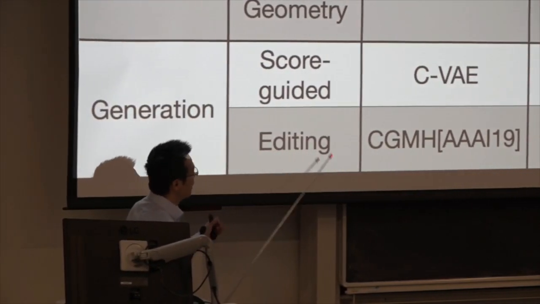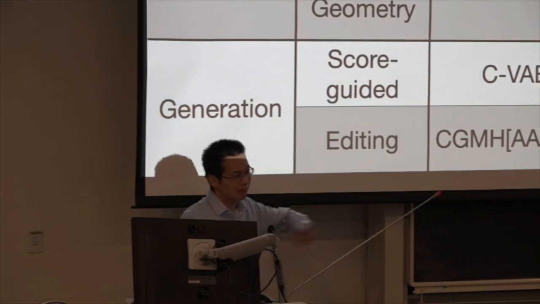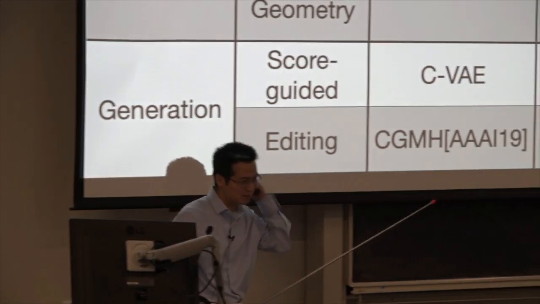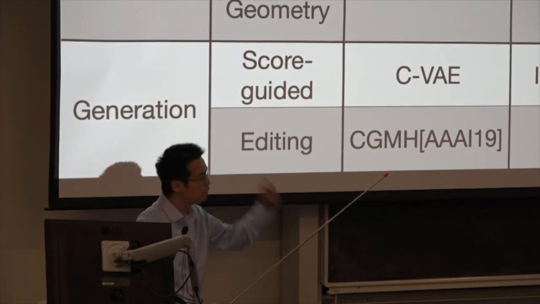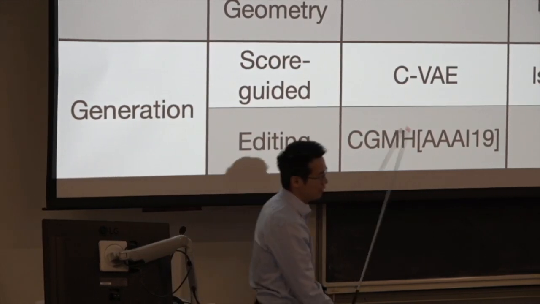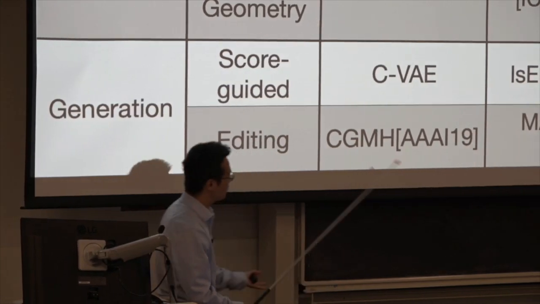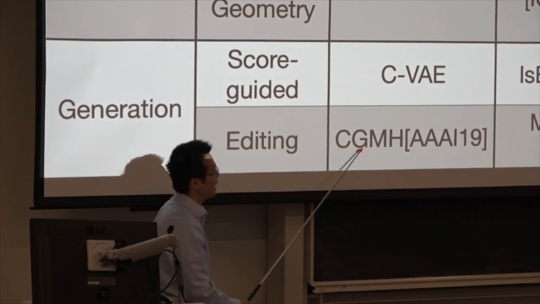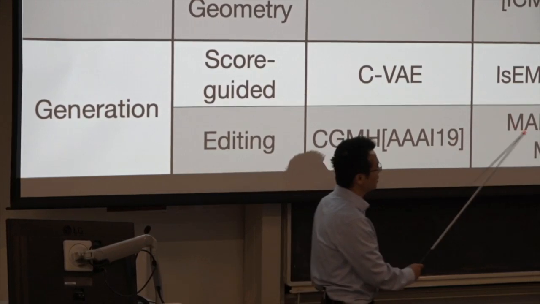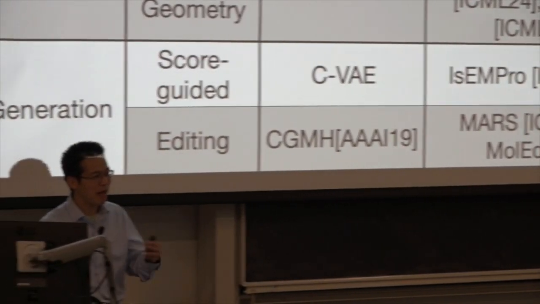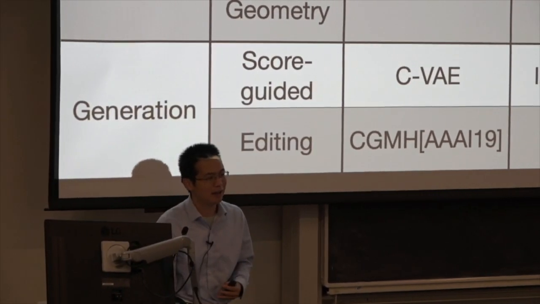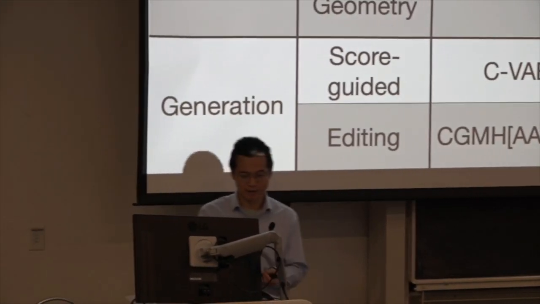And there's also an editing-based approach. That's iterative editing. So we're not just doing single-shot generation. We're generating one candidate and then we keep improving it. For example, there's the CGMH approach that keeps editing the text. And similarly, there's MARS and the molecule editor 3D algorithm to keep editing the molecule and get better and better molecules at inference time.